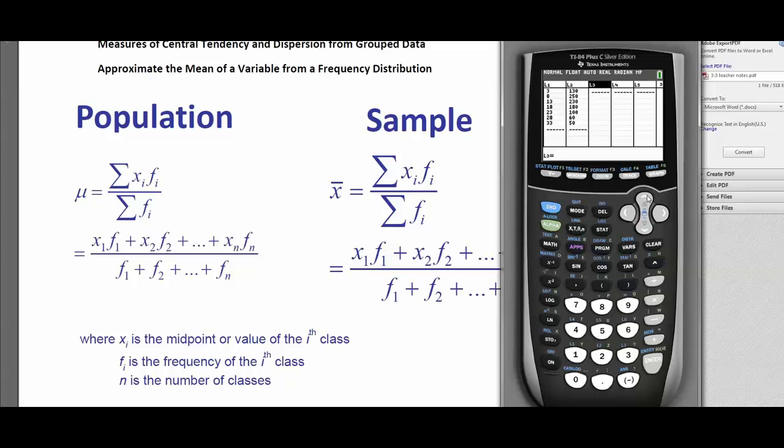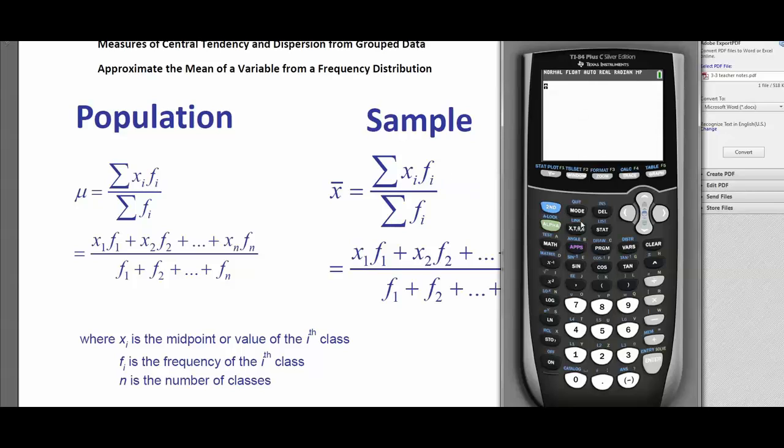So I'm going to go up to L3, and multiply L2 times L1, and that'll give me a set of numbers. Then this symbol says that I need to sum up L3 and sum up L2, the frequencies. So let me go to the home screen.